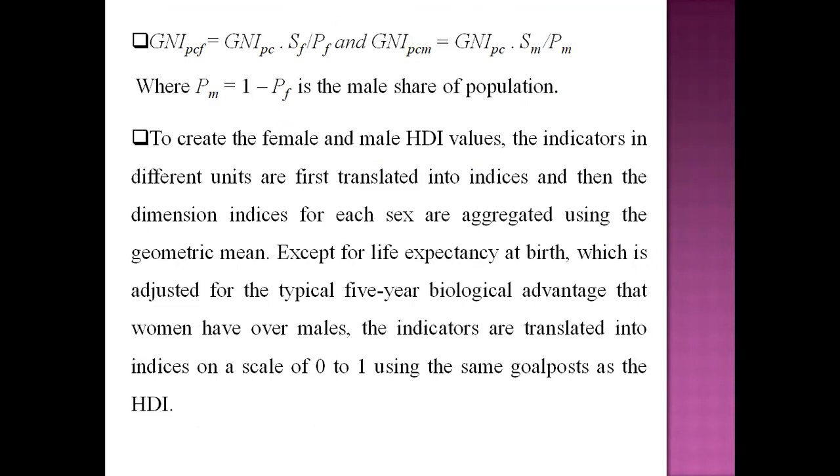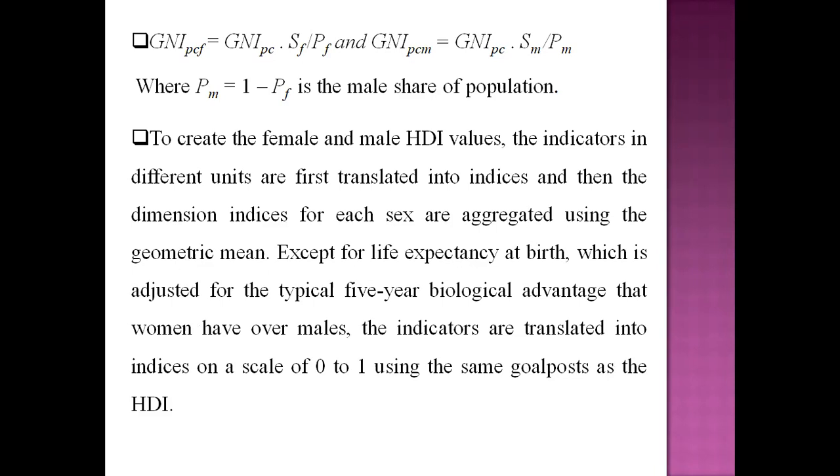Similarly, GNI PCM, we have to calculate with GNI PC per capita, and SM is the male share of wage bill, and PM is the male population share of total population.